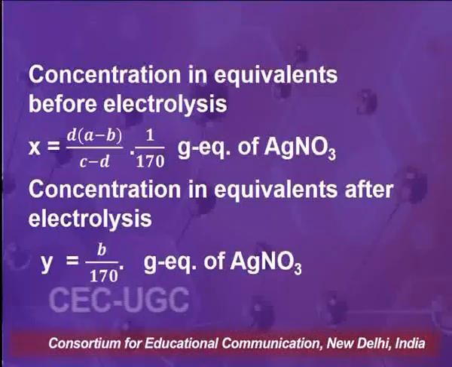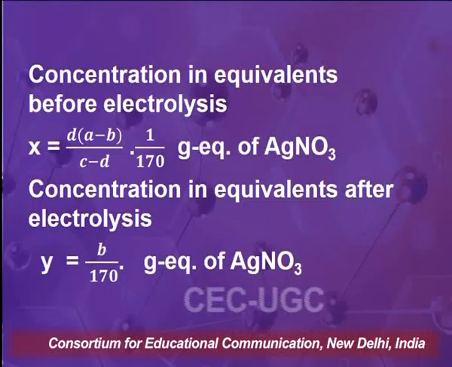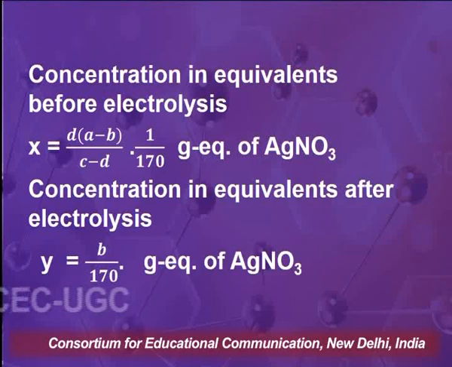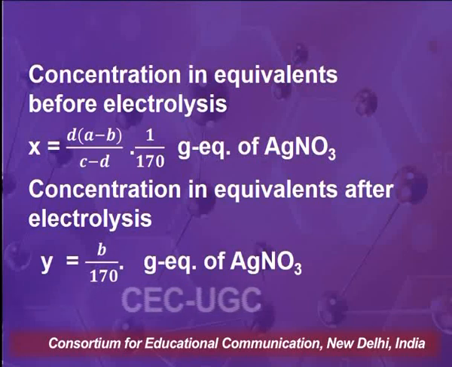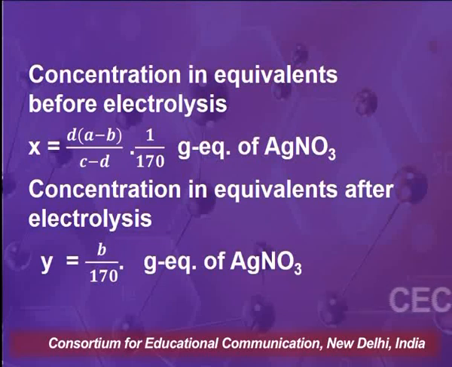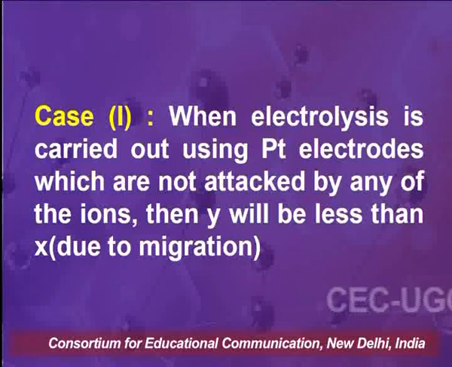Concentration in equivalents before electrolysis, X, will be equal to D into A minus B by C minus D, into 1 by 170 gram equivalents of silver nitrate. Concentration in equivalents after electrolysis, Y, will be equal to B by 170 gram equivalents of silver nitrate.